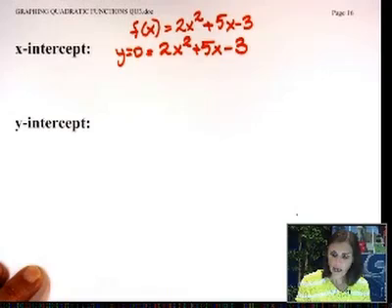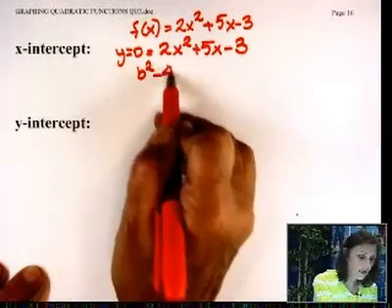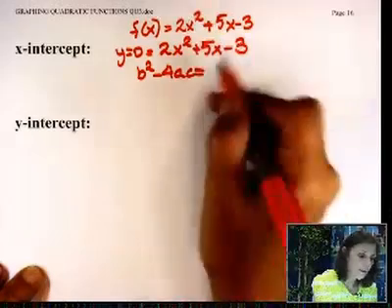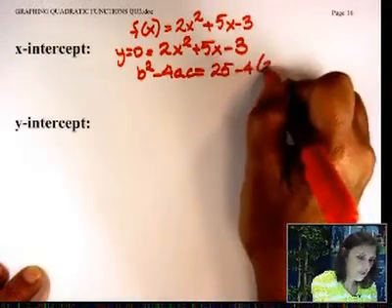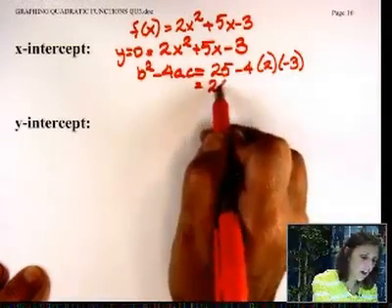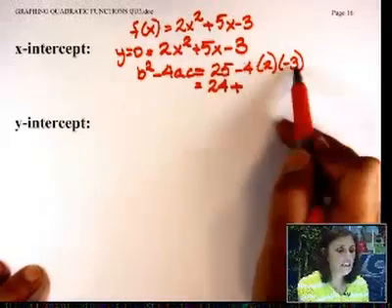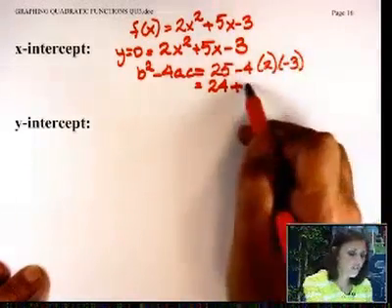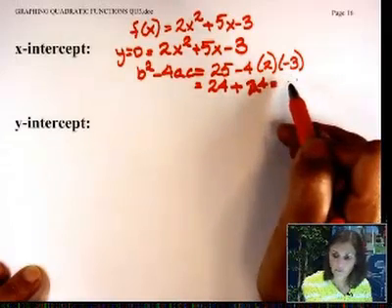And how do you do that? Let's go find b squared minus 4ac, like we were doing. B squared is 25 minus 4, a is 2, c is negative 3. That will give me 25 minus, that's plus, 2 times 4 is 8, times 3 is 24.